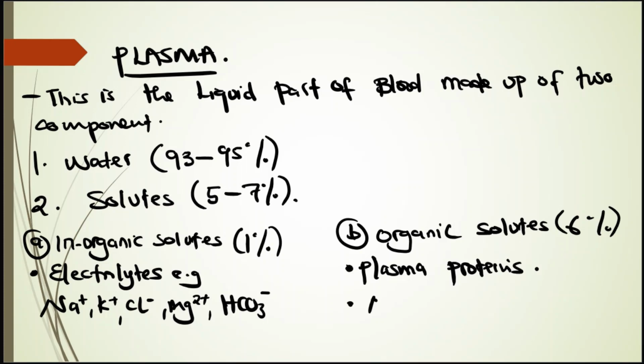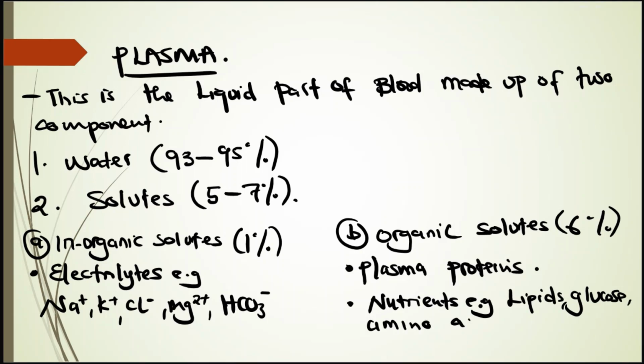Other things are nutrients, like lipids, glucose, amino acids. Other things that are found in plasma are creatine.